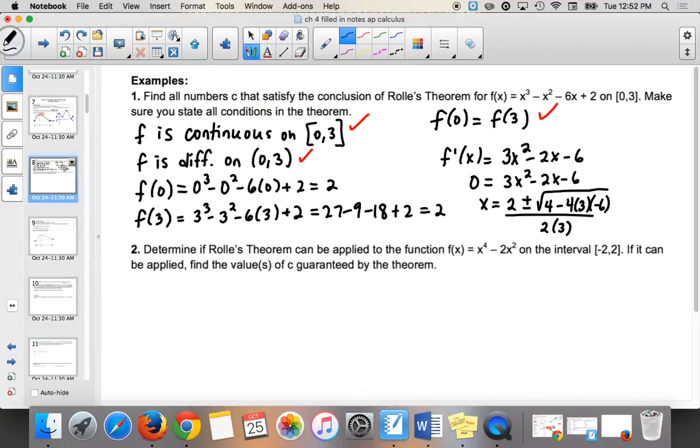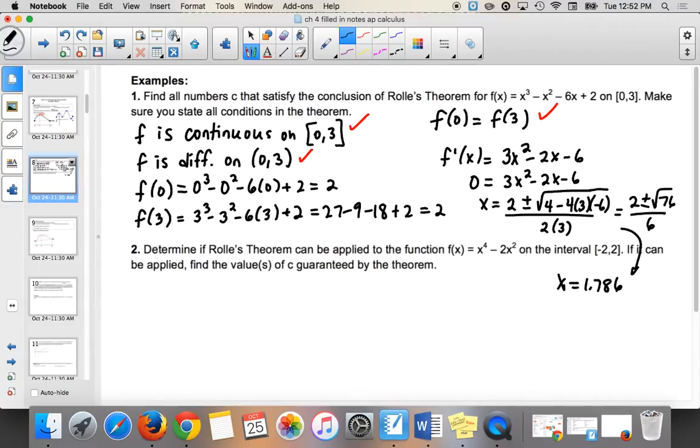So I get 2 plus or minus 4 plus 72, so 76. So 2 plus or minus the square root of 76, all over 6. And you can find the decimal version of those if you want. So the first one, when I plug in positive root 76, I get x equals 1.786.